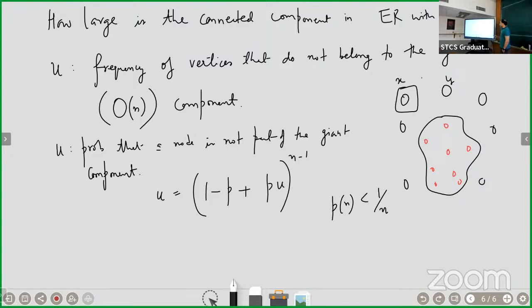So you have to somehow argue that if p of n is less than 1 by n, that's the only solution. And u equal to 1 implies that there is no giant. That's the big picture. It's a very simple recursion, but it's pretty revealing. How do I get that if this is true? The only solution is u equal to 1.